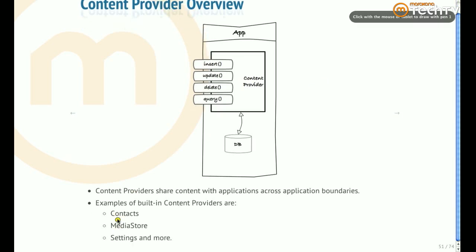So for example, your contacts are stored in a contacts provider, and then you have another application that shows you your contacts, like an address book. Your media store is also an independent content provider. So for example, if I'm walking down a beach and I take a picture of my daughter, that's a camera app, right?